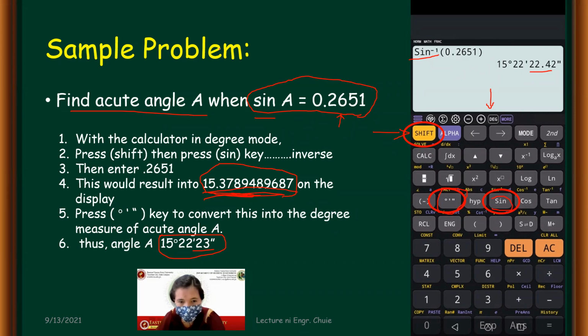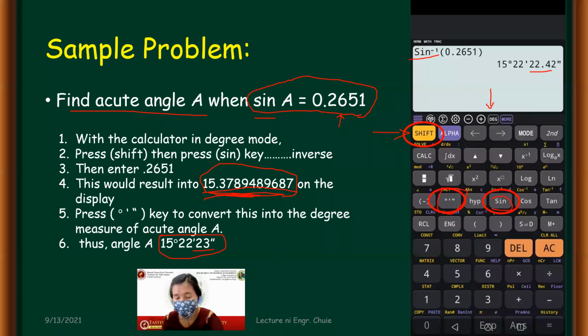Mationg, did I answer your question? Okay na? You can type yes on the chat box. Okay, sige. So again, that is the inverse function. Para makuha na to ang degree value of that trigonometric function, you need to compute the inverse.